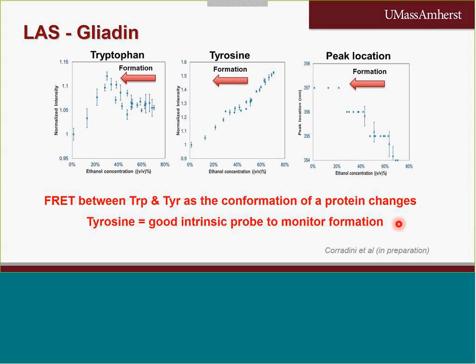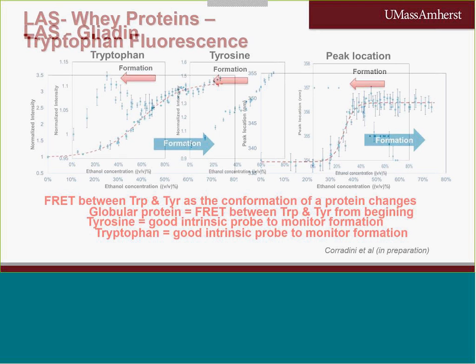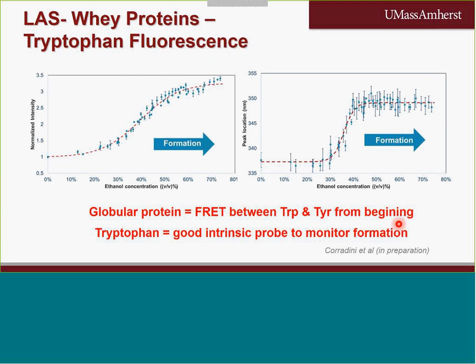In globular proteins such as whey protein, the energy transfer between tryptophan and tyrosine happens from the beginning. But we could use the emission intensity of the tryptophan itself in order to follow formation. Not only was the intensity sensitive to formation, but also the location.